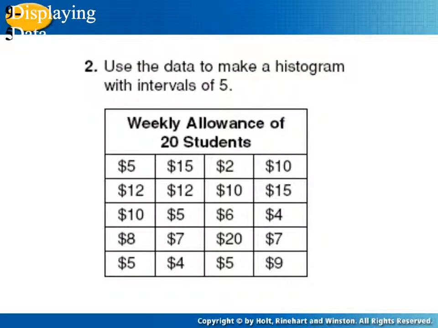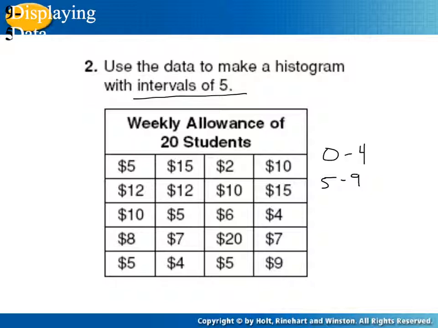All right, so I'm gonna be making a histogram with these intervals. All right, and it asks me to make intervals of 5. All right, so if I'm going to make intervals of 5 units, I'm going to start at 0. Now, what would be my interval if I went up to 5? Well, 0 to 4. Then I would have 5 to 9.